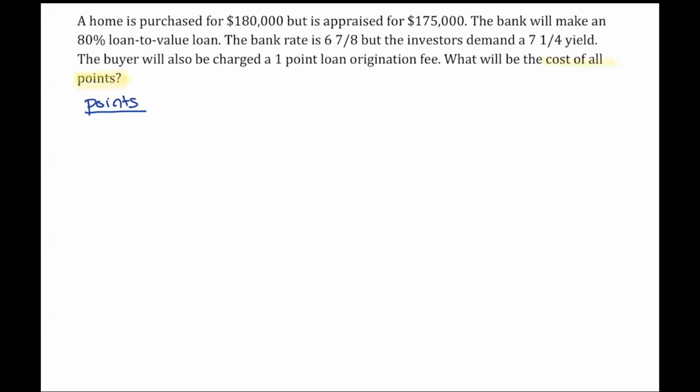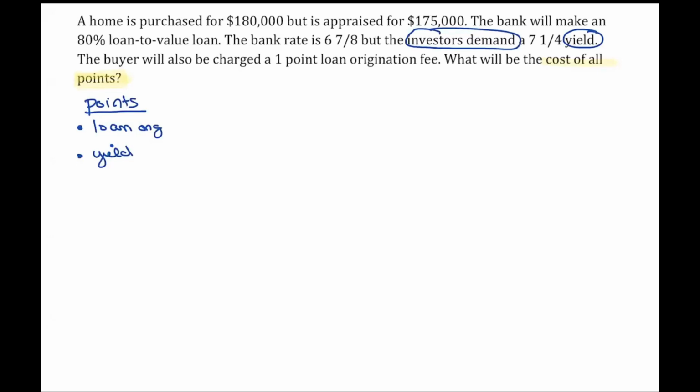I guess what I was asking is, do you see that some points are coming from a loan origination fee and some points are coming from this investor demand with a yield? You get what I'm saying now? Yes, you are right. We're going to have to use that $180,000 to find a loan amount.